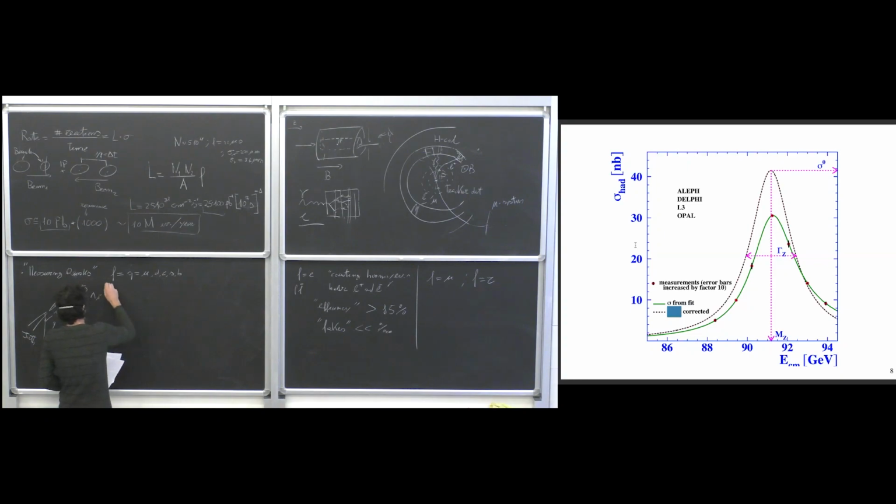In fact, to be more confident that what we are doing is correct, let me point out that for this specific measurement, in particular this sigma hat, we don't need to speak about jets.